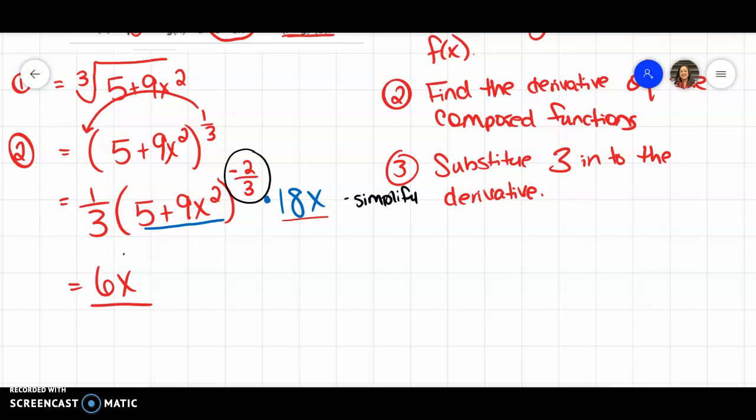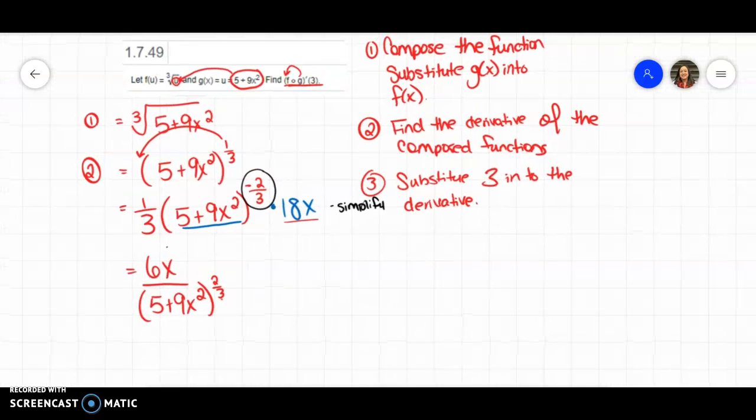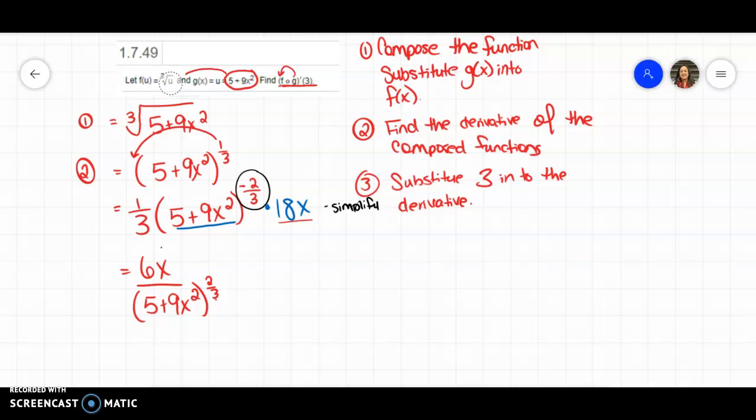So what I'm going to do is bring that negative 2/3 power to my denominator, and that's going to give me 5 plus 9x squared to the 2/3, or not negative, but now it is actually a positive 2/3. And I'm going to change this just because in algebra, I don't know, my math lab may take it both ways, but what I noticed here, I'm going to erase this so it's a little bit clearer at the top. They gave me this problem in radical form, meaning I have a root.